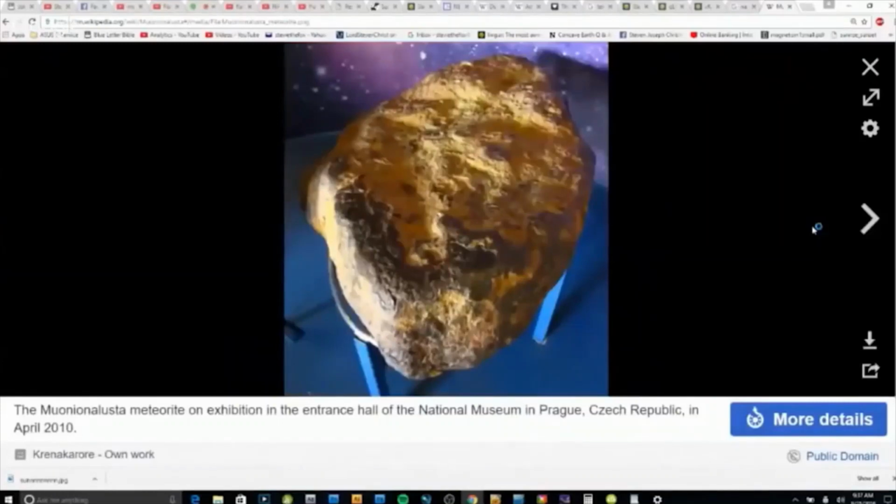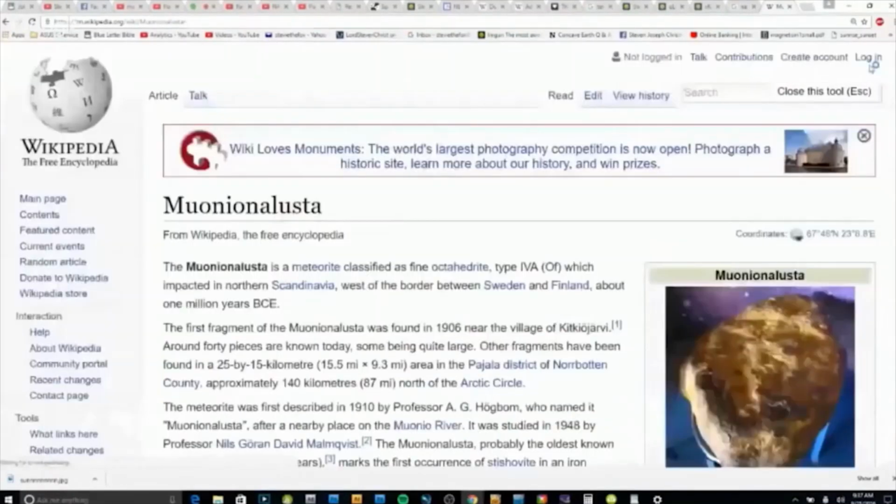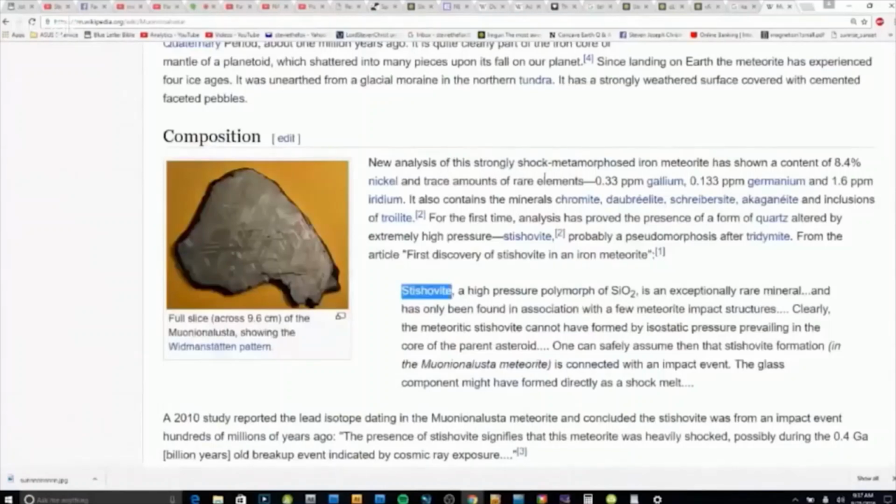This is the Muonionalusta meteorite. Did you say that this is the only mineral that's magnetic, or something like that? No, the most magnetic mineral is magnetite, and magnetite's base crystal shape, or habit, is octahedral. They come in octahedrons.